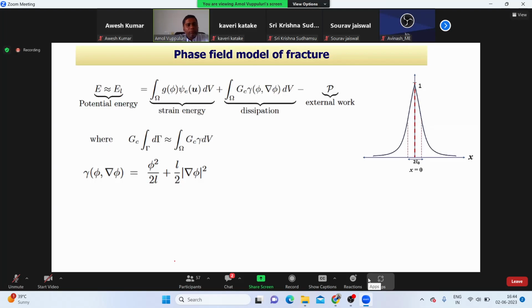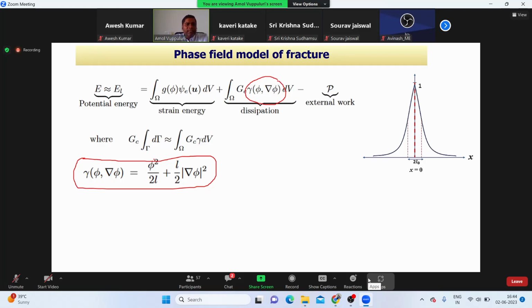So once you have the potential energy written in terms of strain energy, dissipation, and external work, the next thing is what should be the form of the crack surface density function. The typical form for the crack surface density function is taken in this way. Okay. I will not go into the details of the derivation of where it has come from. If you want, I can talk to you later over email or something.